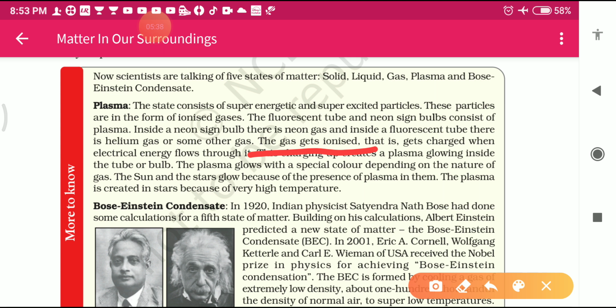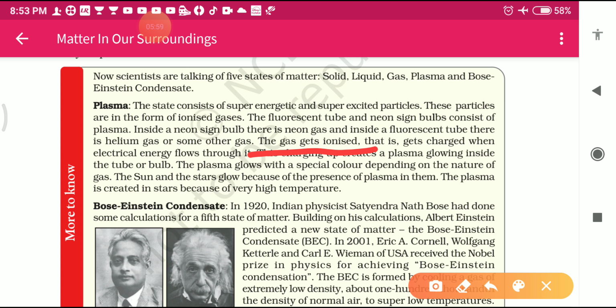Suppose that when we pass the electricity, electrons come out. The charge of the electrons is negative.